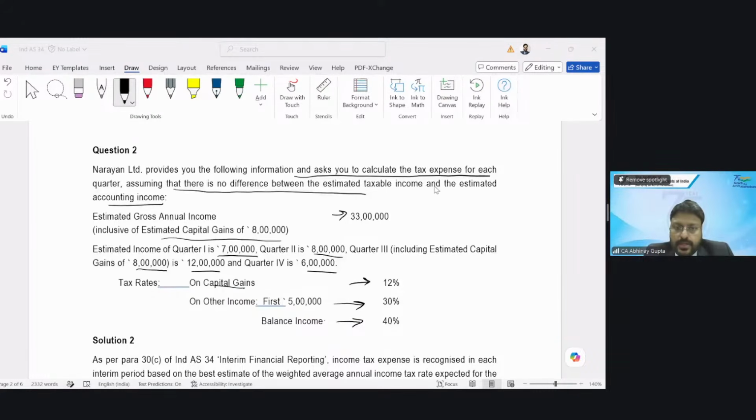Q1: 7 lakh into 38%, 2 lakh 66,000. Q2: 8 lakh into 0.38. Okay, understood your logic. So let's see.